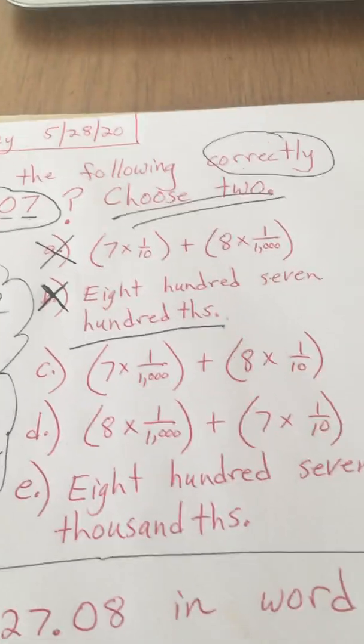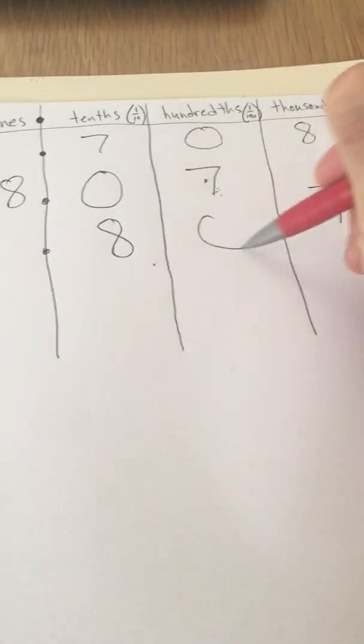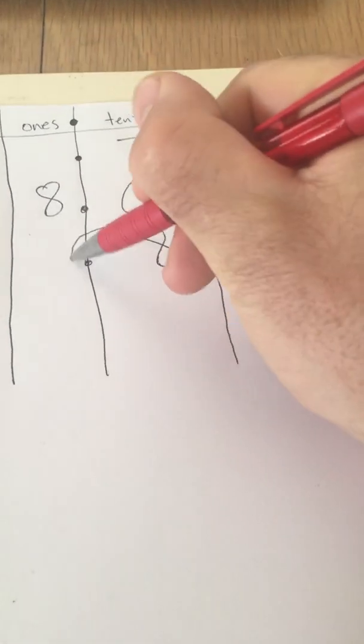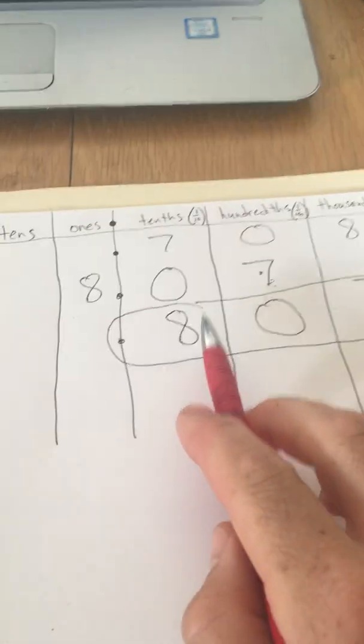Now let's go to C. 7 times 1/1000th, so we'll put a 7 in the thousandths place. Plus 8 times 1/10, so we're going to put an 8 in the tenths place. Since there are no hundredths, we can put a 0 in the hundredths place, and we found our first correct choice. 7 thousandths, 7 in the thousandths place, 8 tenths, 8 in the tenths place.